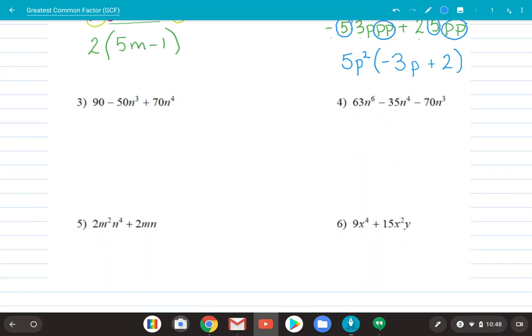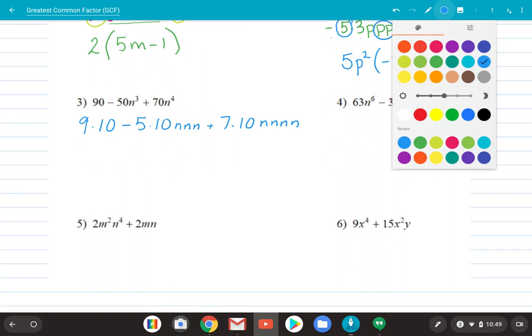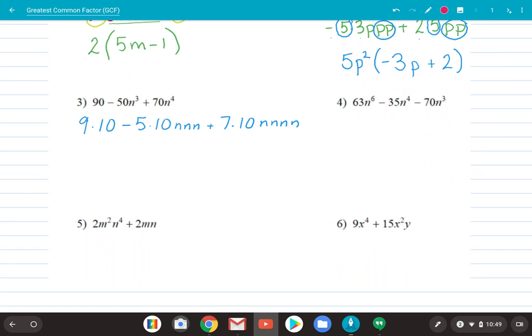90. Easiest one I know for multiplying 90 is 9 times 10. So we're going to do that one. We could break up that 10 and the 9 even bigger, but I do see the next ones also have the 10, the zeros, so I'm just going to leave it. 5 times 10, we have 3 n's, plus 7 times 10, and we have 4 n's. I know it's a lot at first, but once you get the idea, you can actually just look at the numbers and see, oh, they all have 10's.